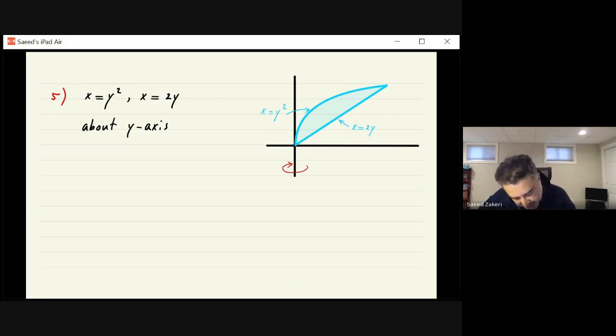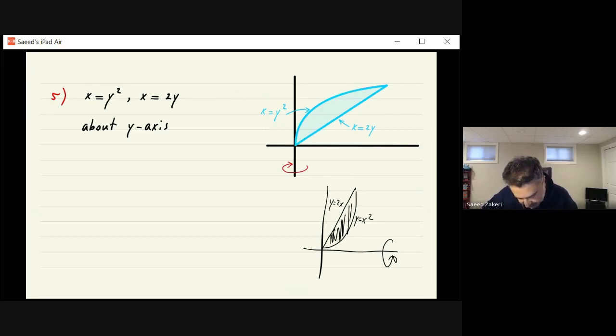What I mean by that is that this problem is totally identical to having this problem: y equals 2x, y equals x squared, rotated around the x-axis, which is the standard washer method. These two problems are completely identical. The only difference is that the role of x and y are switched.